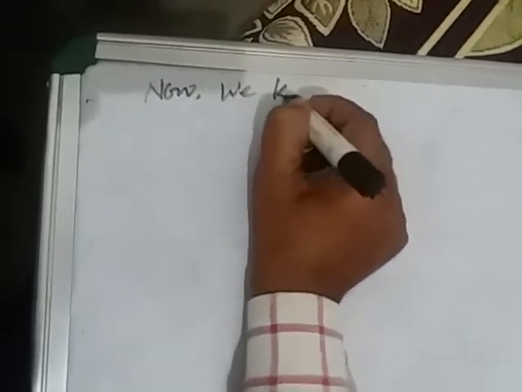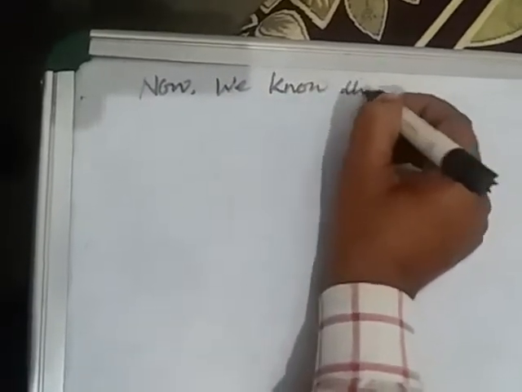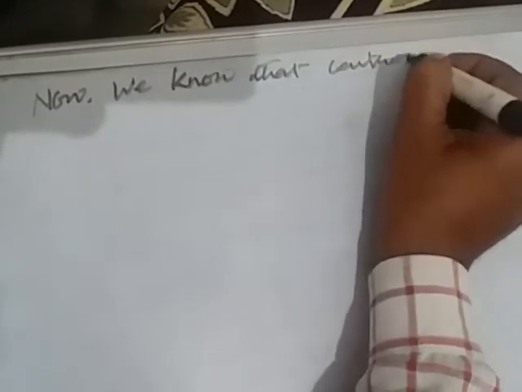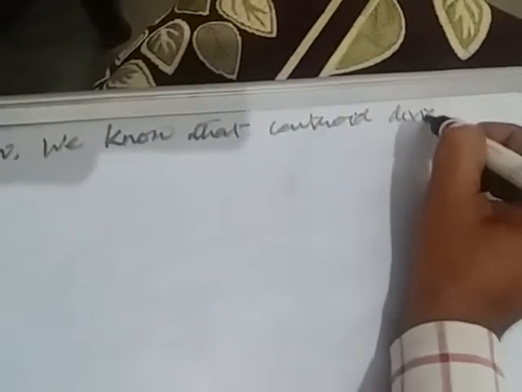Now one more concept: the centroid divides the median in the ratio 2:1, okay children.